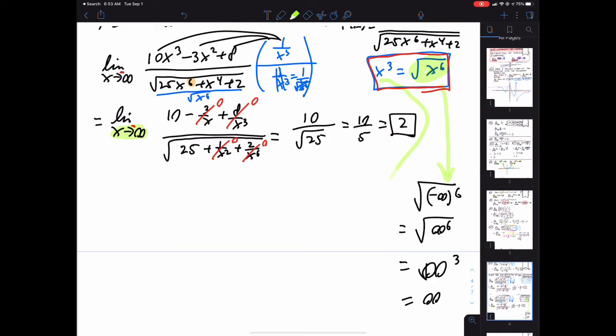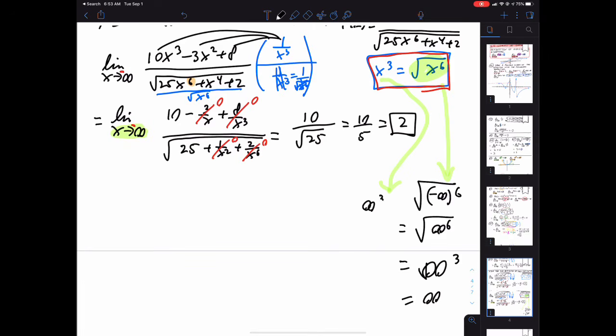So this one, if we were to plug in the values, we would get infinity cubed. Infinity cubed, well, that's just infinity. Oh, sorry. Negative infinity cubed, because we're doing negative now. Liar, liar, pants on fire.